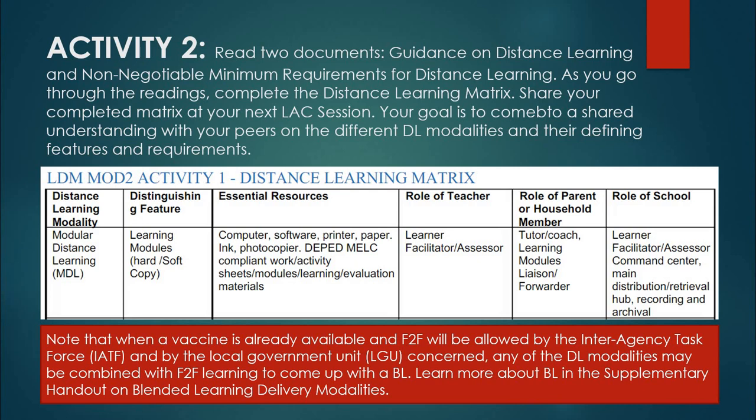Distinguishing feature: learning modules, hard and soft copy. Hard copies are printed, soft copies are in digital form. Essential resources: computer, software, printer, paper, ink, photocopier, DepEd's most essential learning competencies, compliant worksheets, activity sheets, modules, and learning evaluation materials. These are the things that you need in order to execute this distance learning modality.